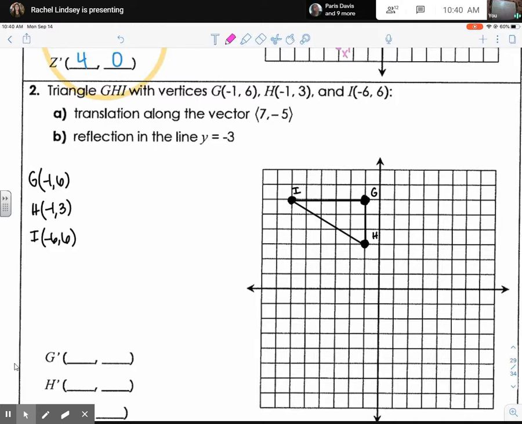That's just a different way to write x plus 7, y minus 5. It's a different way to write that.